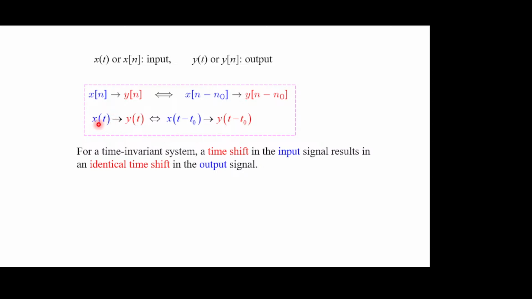So if you have x(t) to y(t), then x(t minus t0) will be shifted to y(t minus t0). Once again, this should be true for all t and t0, and also for all x, y pairs. So whatever x(t) gives y(t), then for arbitrary t0, the response should be shifted by the same t0. This is being time invariant.